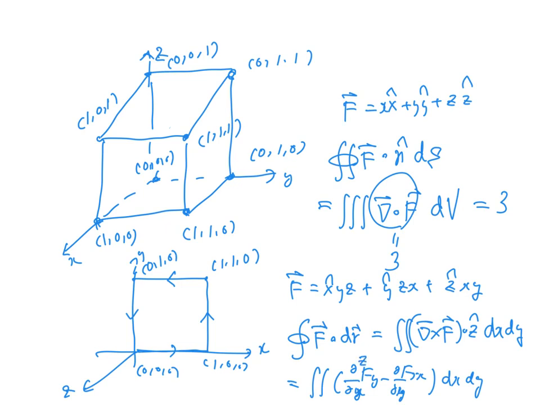And partial y of Fz. So z minus z is equal to 0. But if you really like to do the line integral, you can do that, but it will be a bit more complicated, right?